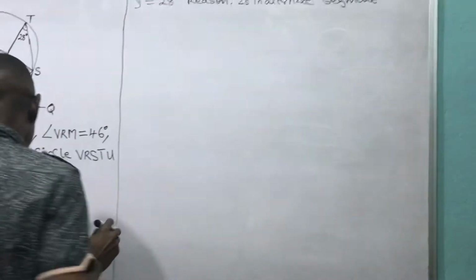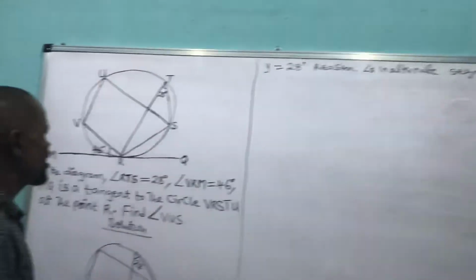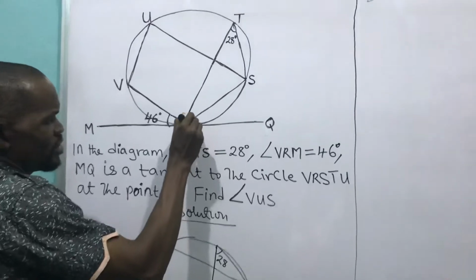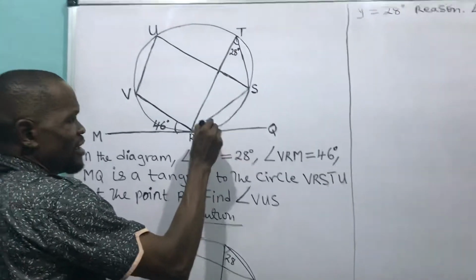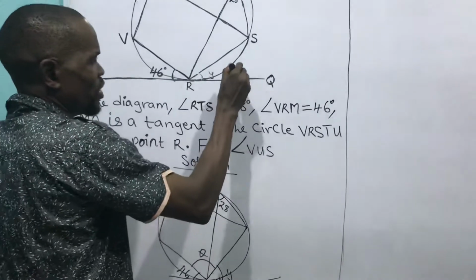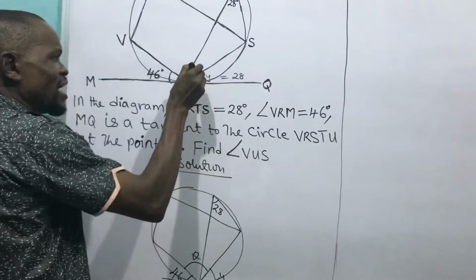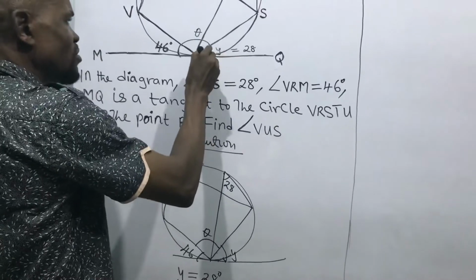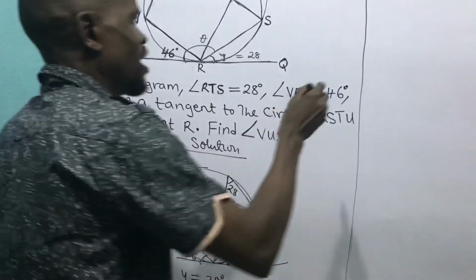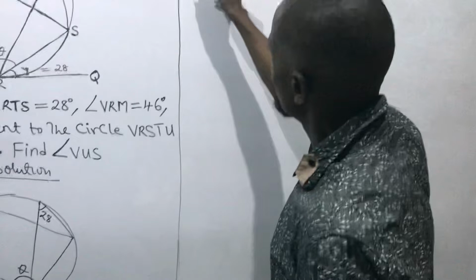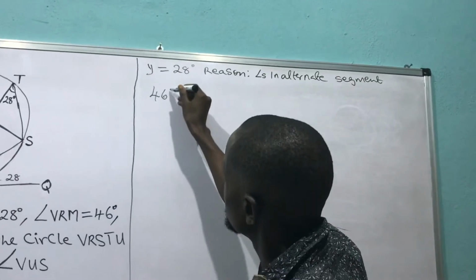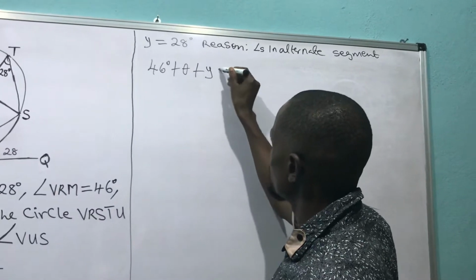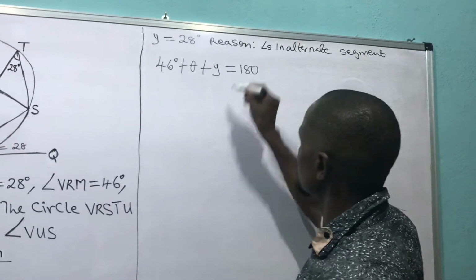Then, looking at our diagram here, I can now see that this angle which I call y is equal to 28. Then this angle which I call theta is this angle which I call theta. I now have 46 degrees plus theta plus y is equal to 180.